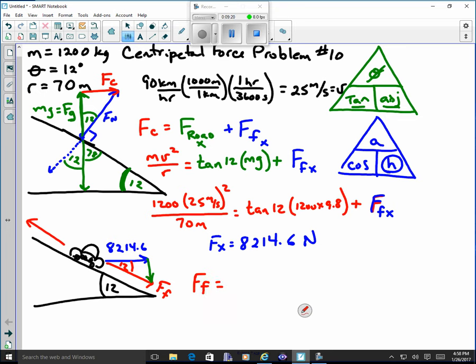It's going to be equal to the adjacent side over the cosine. So the adjacent side was 8,214.6 divided by the cosine of 12. And so the friction force ends up being 8,398 newtons.